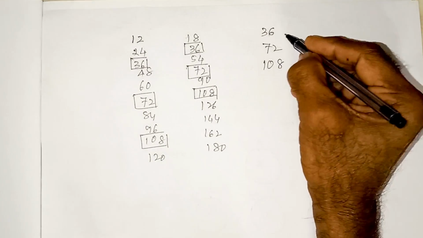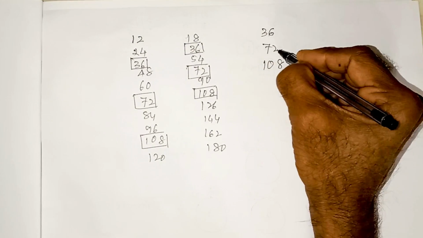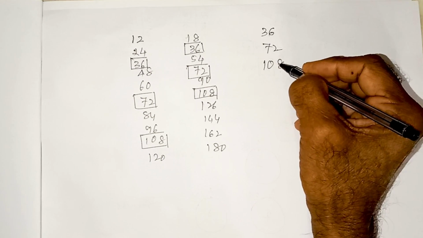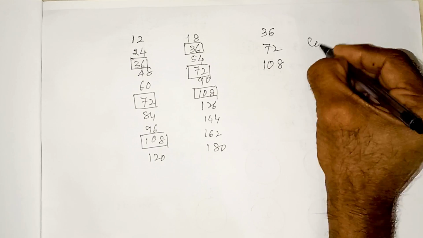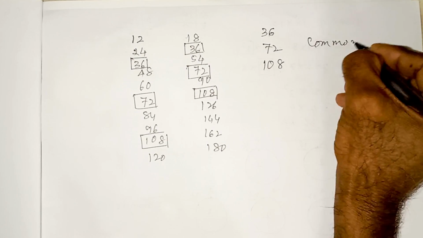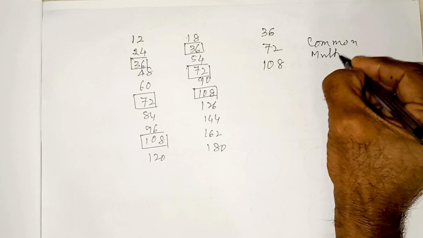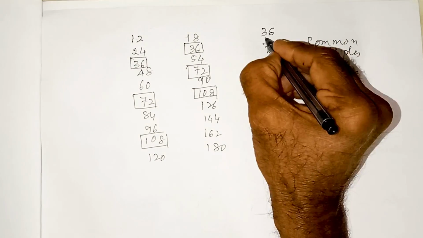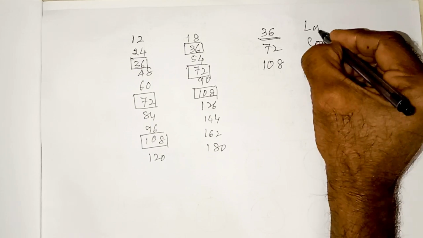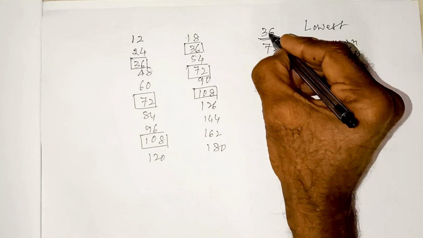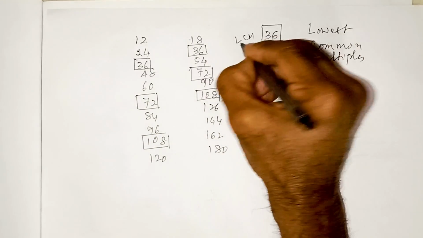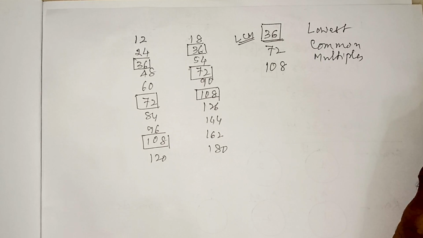In common, you have 36, 72, 108. These are the common multiples. Out of these three, the least, or the lowest, is 36. And that is why we call this LCM. I hope you understand what is the meaning of LCM.